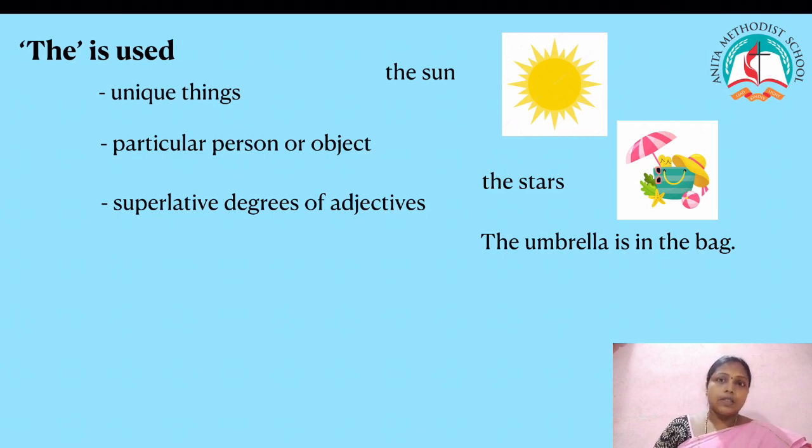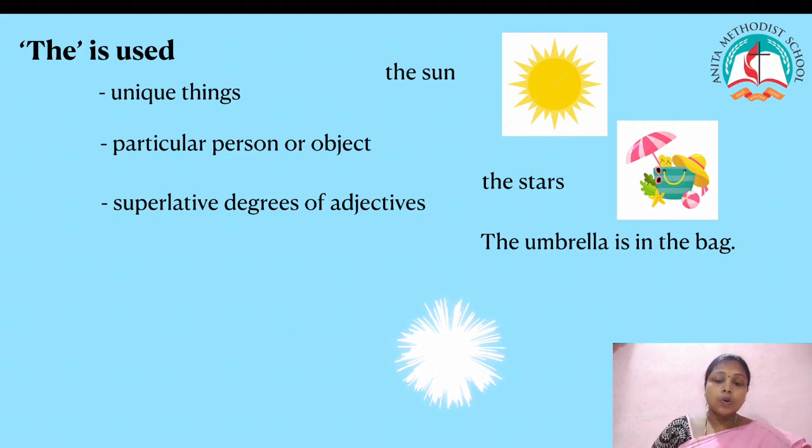Superlative degrees of adjectives. We have three degrees of adjectives: positive, comparative and superlative. We will use "the" before the superlative degree. For example, the word shortest. Can you see the word shortest? "-est" is added.